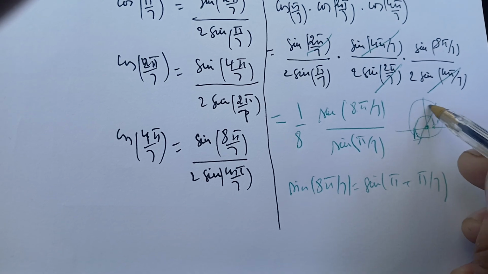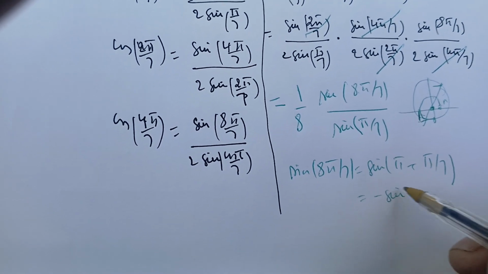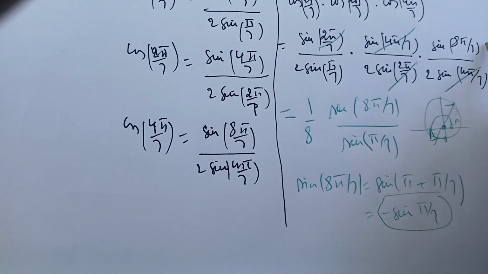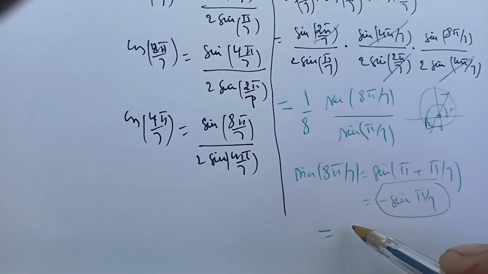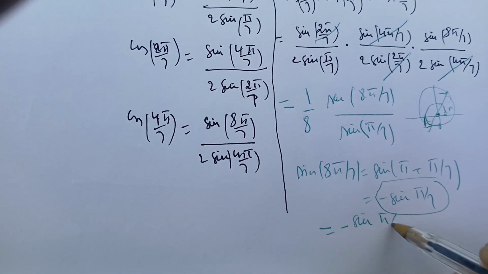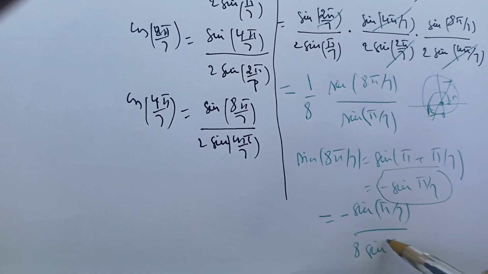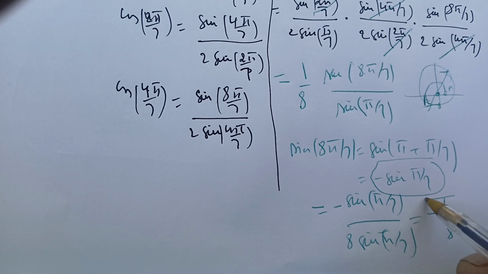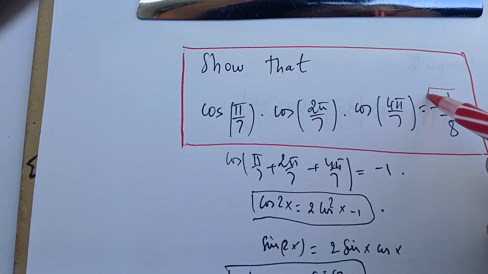So this is minus sine pi over 7. Therefore, when we plug it here, we get minus sine pi over 7 over 8 sine pi over 7, which is minus 1 over 8. And this gives us our formula. That means we proved this result.